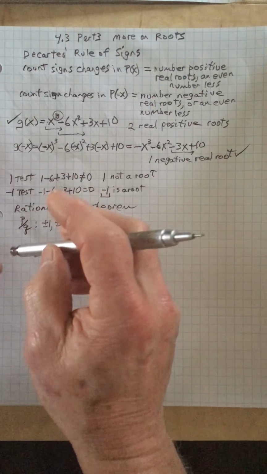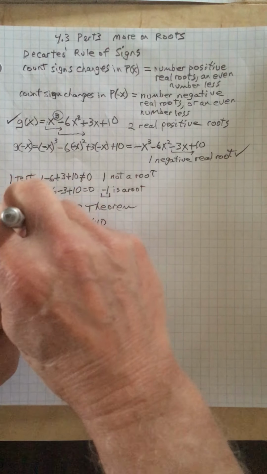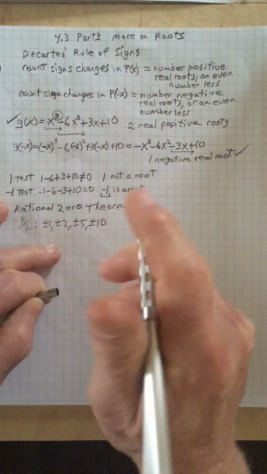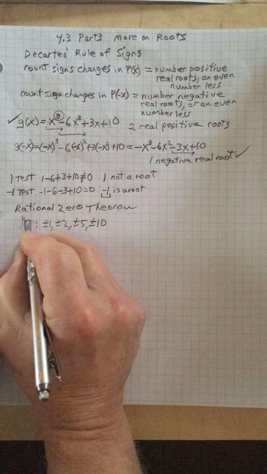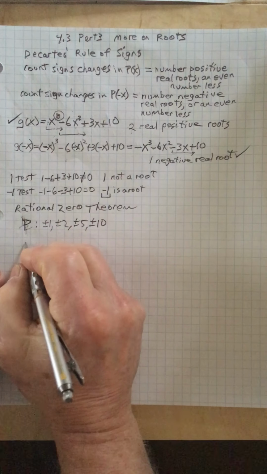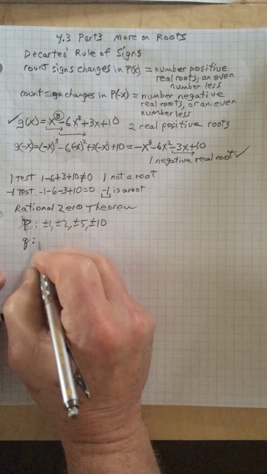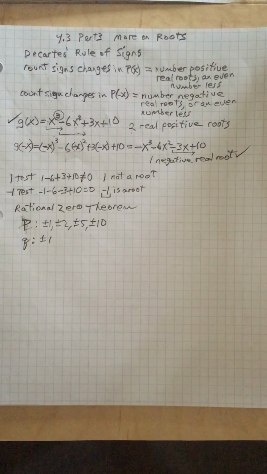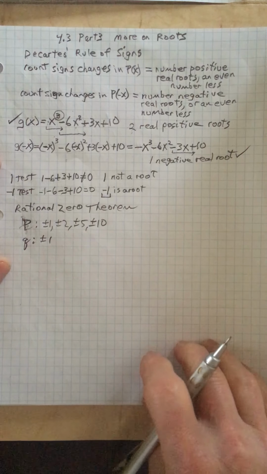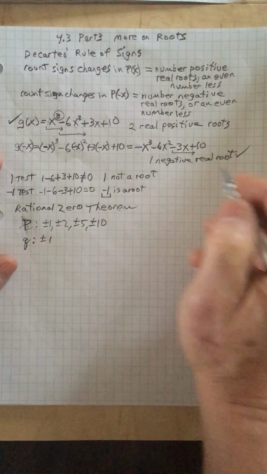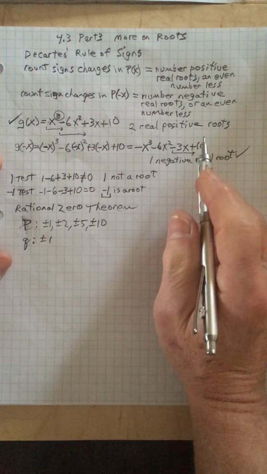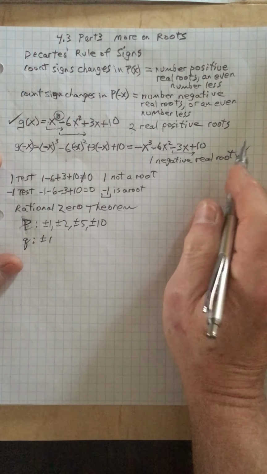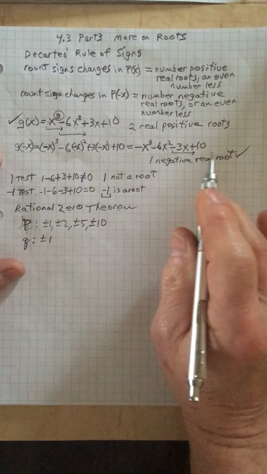So let me change this. We'll find P over Q in a minute. This is P, and then Q is going to be plus or minus 1. All right. Right off the bat, we need to note one thing. According to the Descartes Rule of Signs, we only have one negative real root, and we already found it.